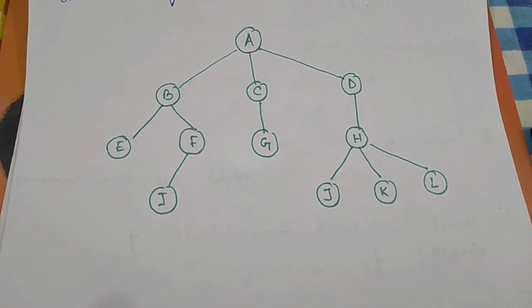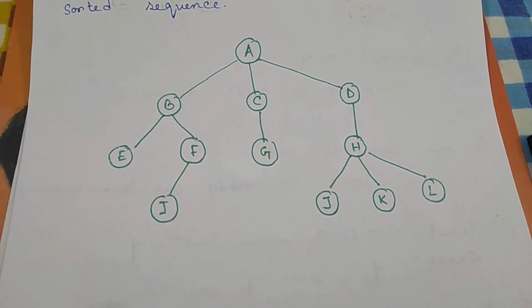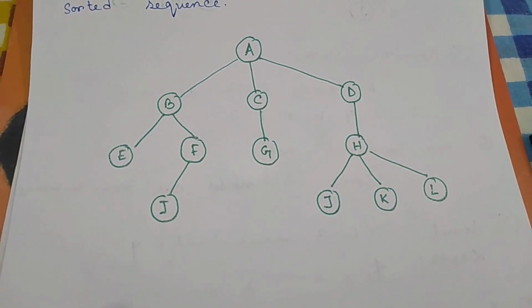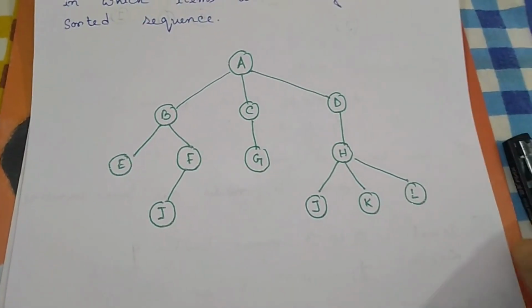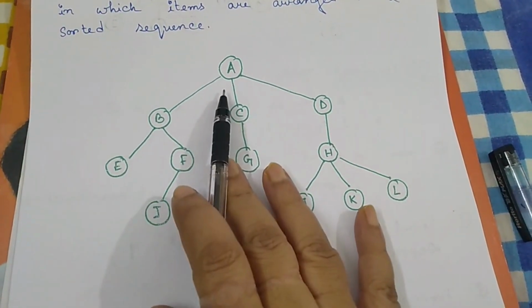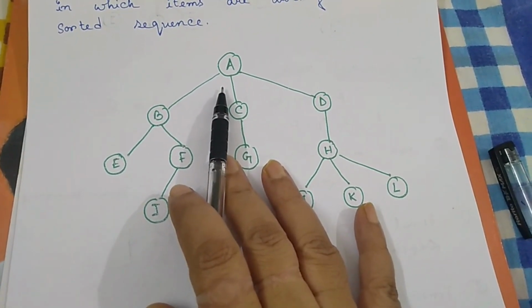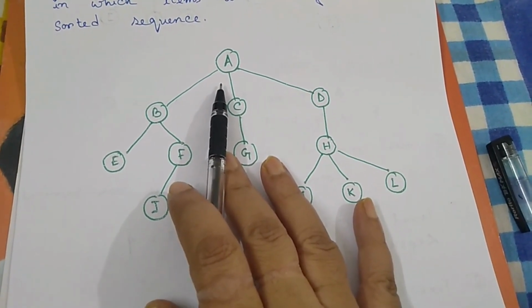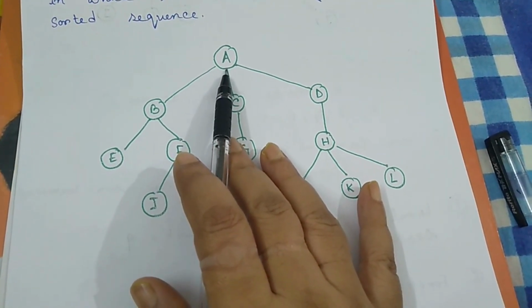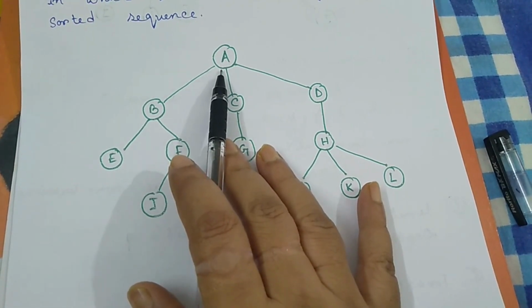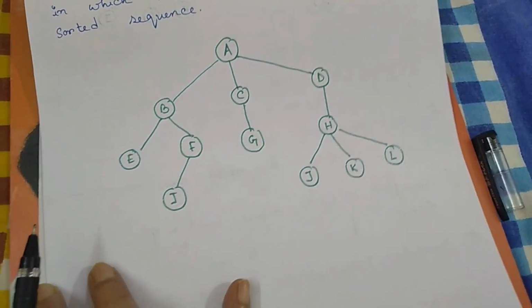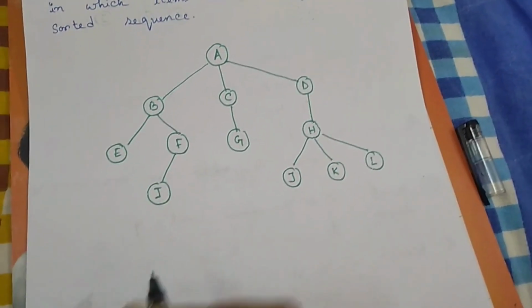Now, when we consider a tree, there are a few concepts related to it. The first concept is the highest node, that is A, denoted as the root.